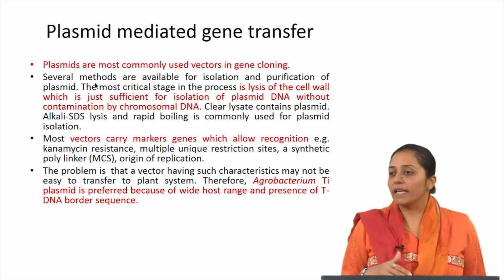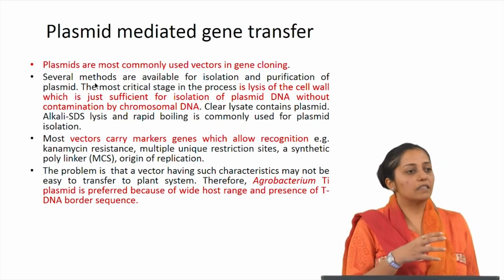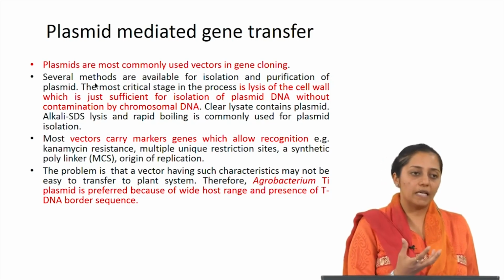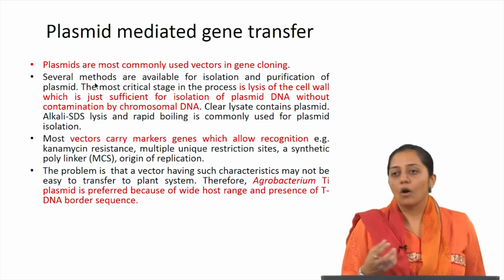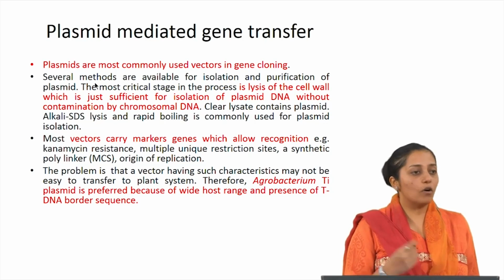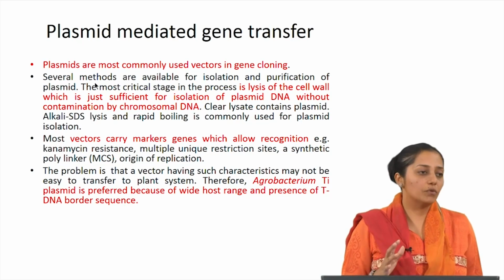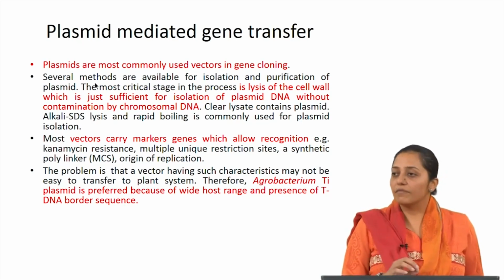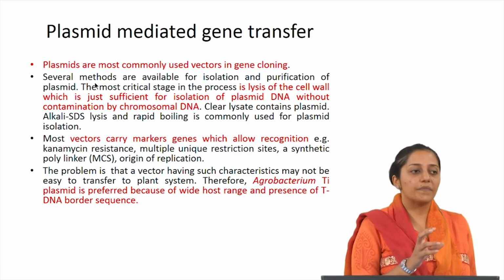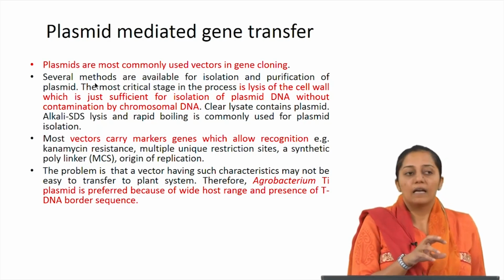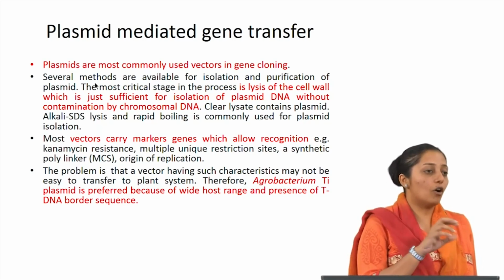Morphogenetic events can either lead to rapid multiplication of cells, leading to crown gall formation, or organogenic or adventitious root formation, which is called hairy roots.